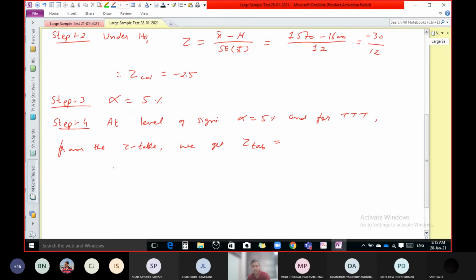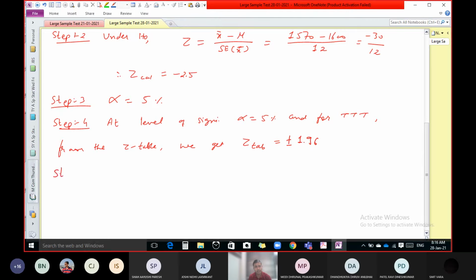Alpha 5% and two tail test. What is the value of Z tab? 1.96. Correct. So you have to write plus or minus 1.96 because it is a two tail test. So now we have the value of Z tab, plus or minus 1.96.